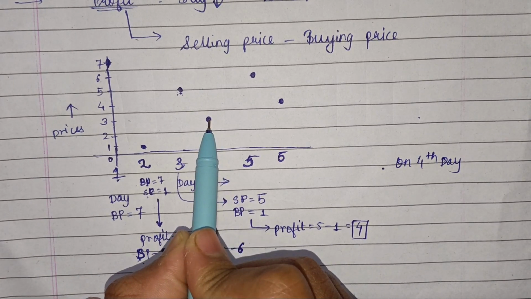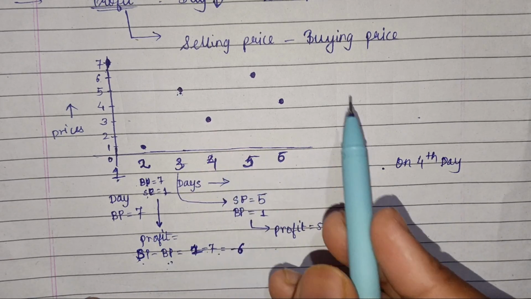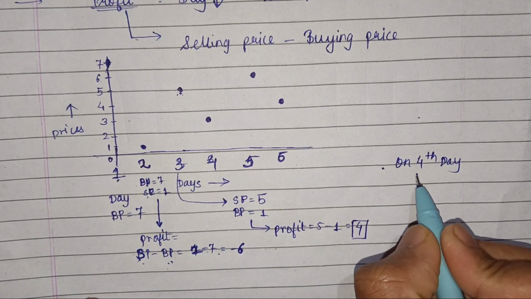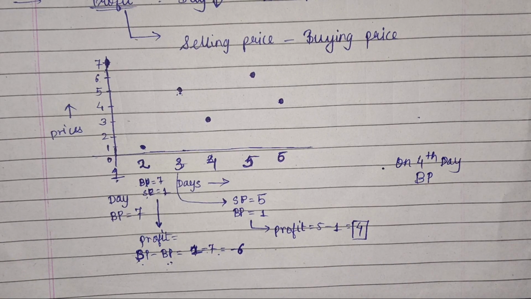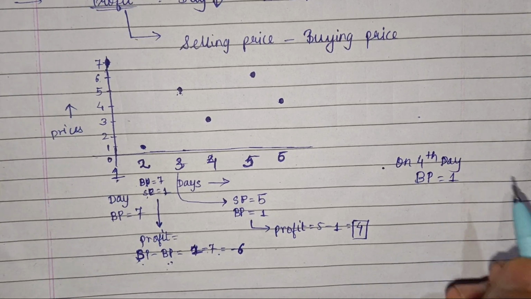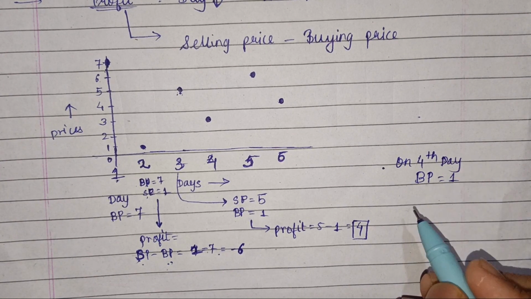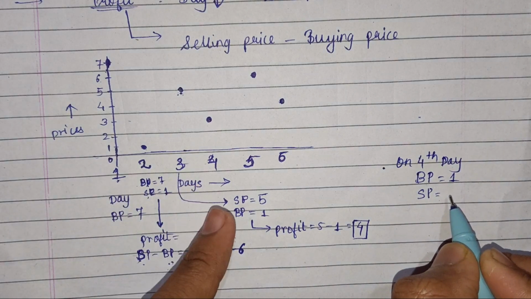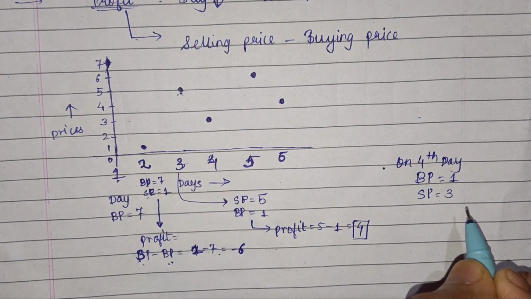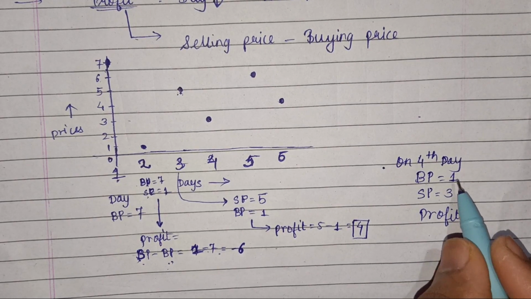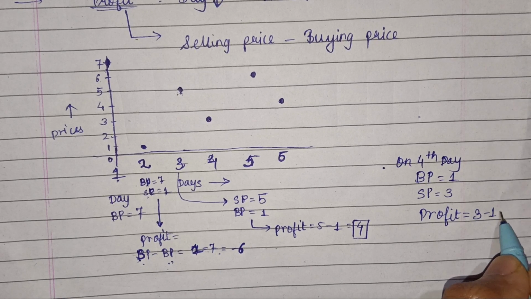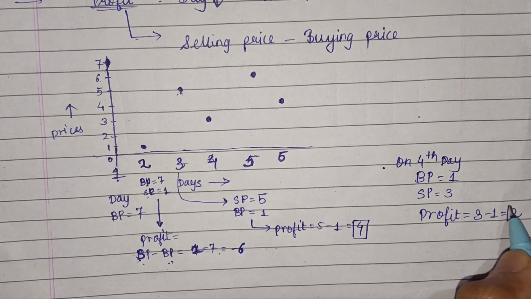The buying price, we should take the minimum of whichever is the minimum value in the previous, so it is 1, and today's selling price is 3. So the profit will be selling price minus buying price, so the profit will be 2.